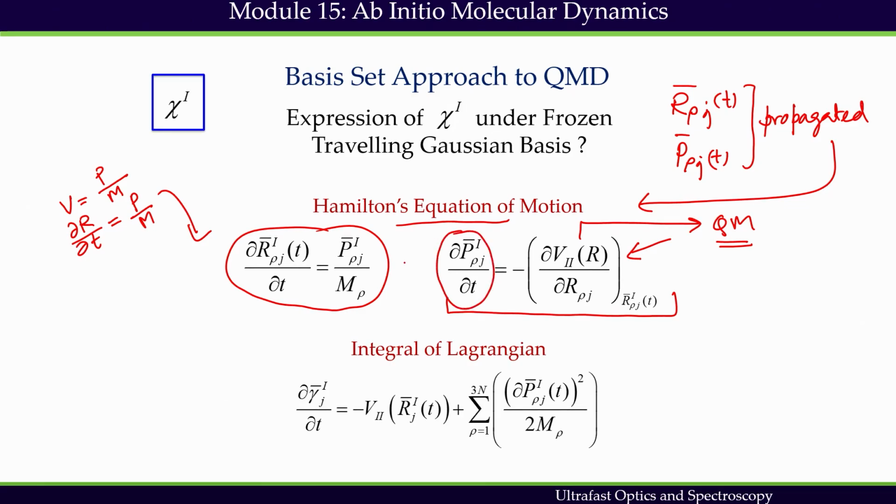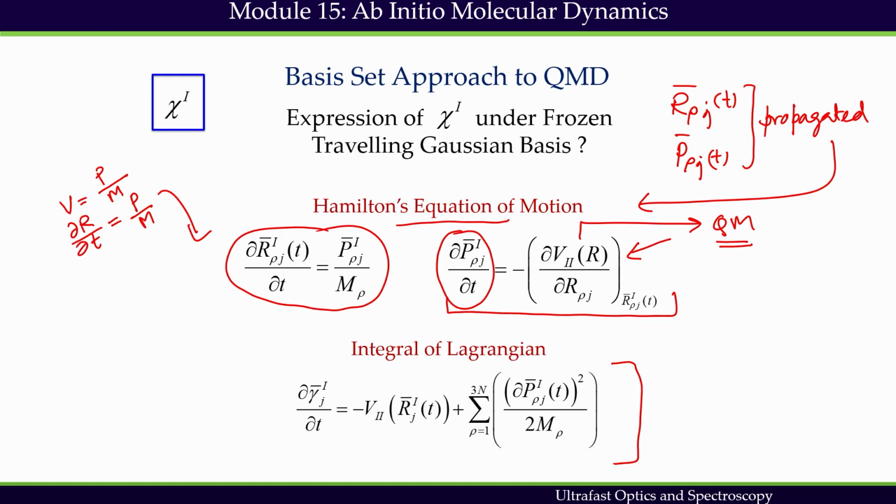And the nuclear phase is propagated according to the integral of the Lagrangian. I will not show the derivation of this integral of the Lagrangian, but it also comes from the equation of motion.